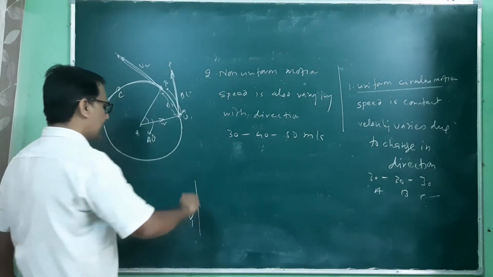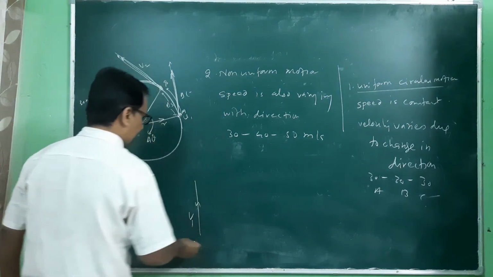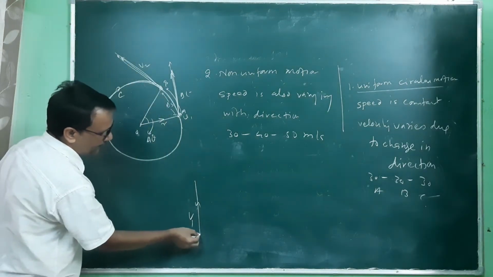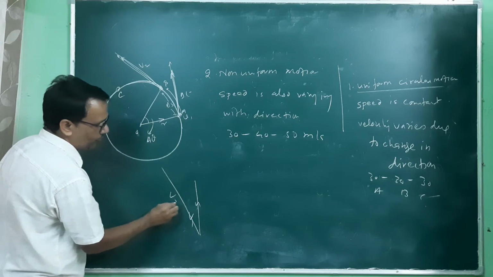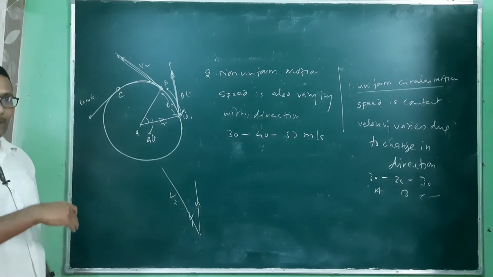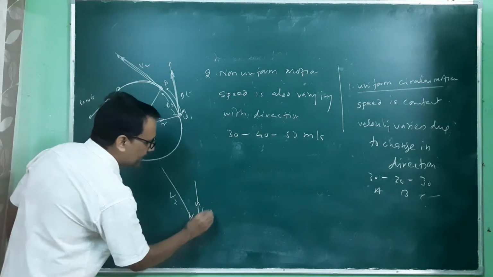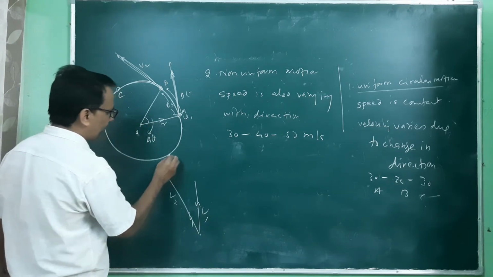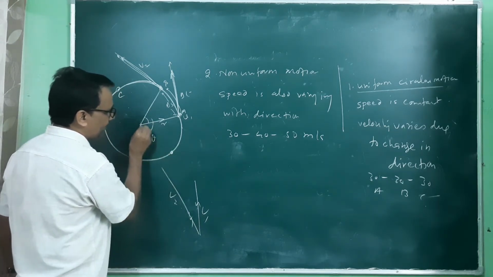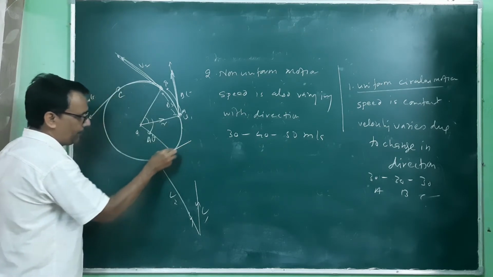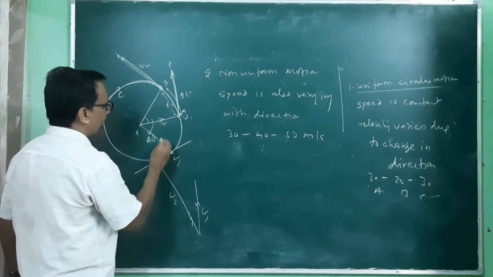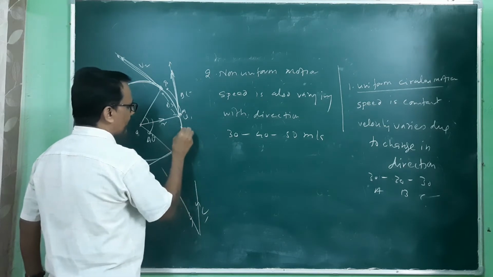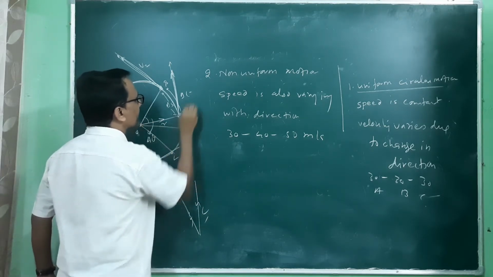The second one is toward this; this is V2. Just to take the direction as well as magnitude. Let's say this is V1, and after some time somewhere here this becomes V2.